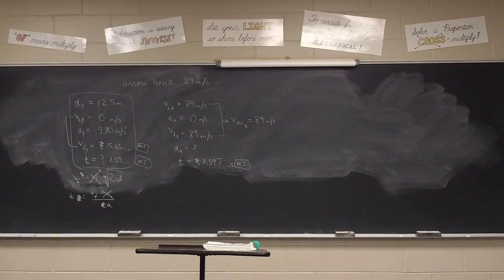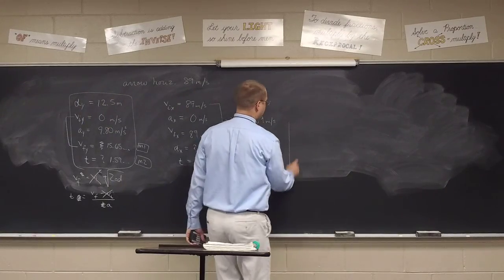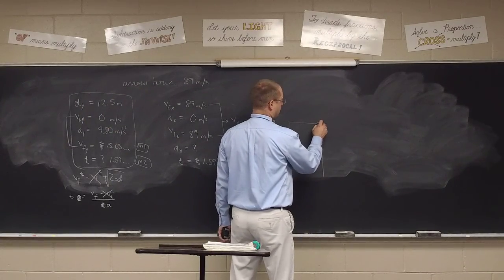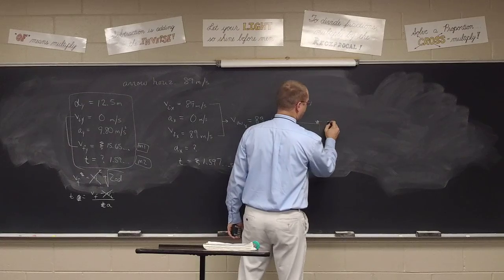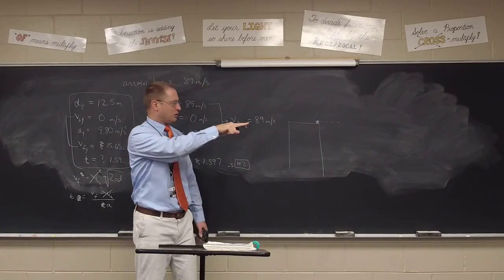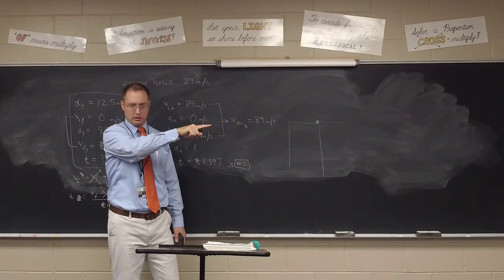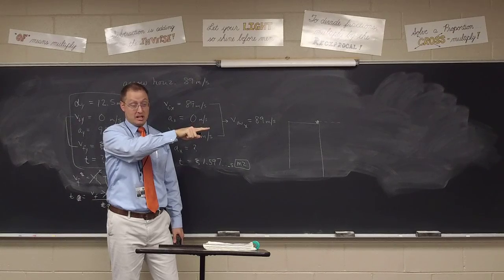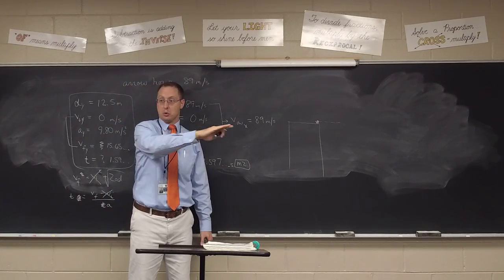So now if I want to find the displacement in the x, how far from the top of the building, so here's the building, here's the little guy sitting there in a chair, and he's got a bow and arrow, and he shoots the arrow. How long does the arrow stay perfectly horizontal if there's no air resistance? Now, if there is air resistance, it can stay horizontal longer, can't it?